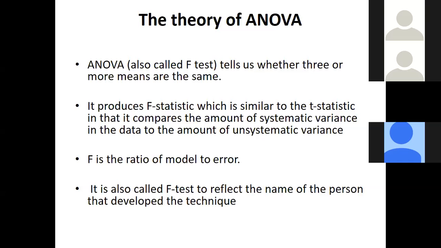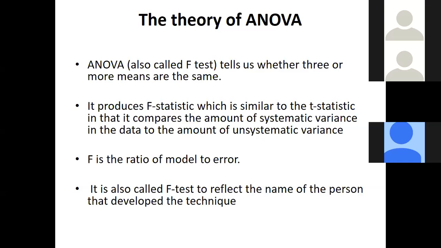There is a numerator and a denominator. The numerator tries to look at the difference I'm seeing in my study. You can call it systematic difference, systematic variation. This is irrespective of whether it's 2 groups or 3 or 4 groups, whether it's t-test or ANOVA.